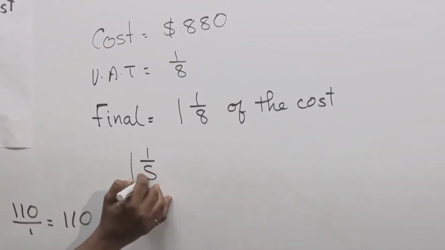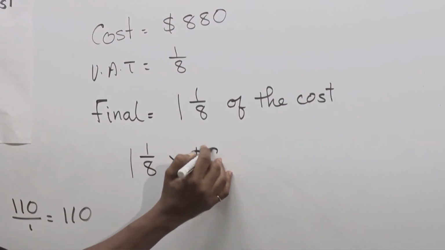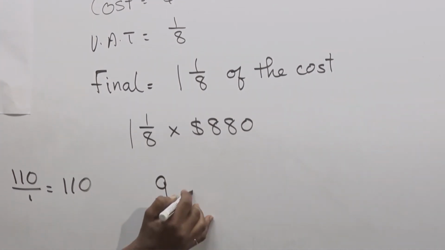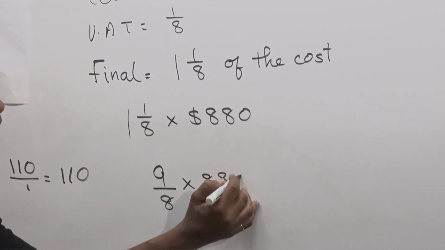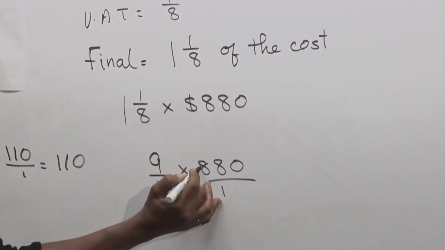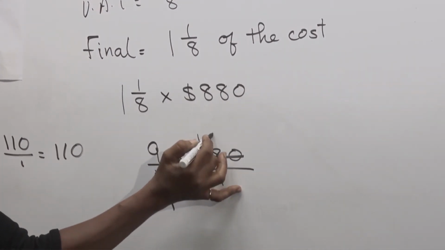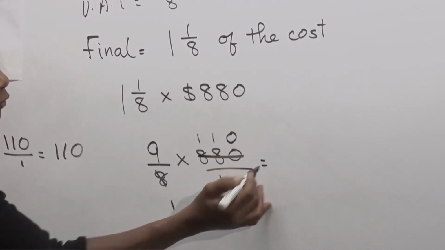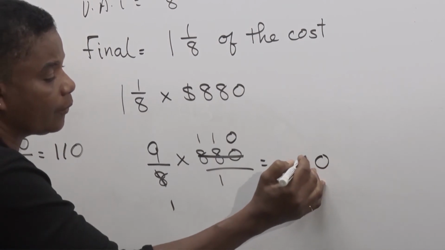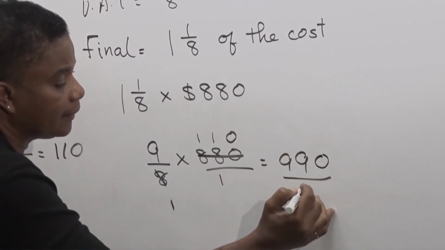1 1/8 of $880. 8 ones are 8 and 1, 9 over 8 times $880. 8 into 8 is 1. 8 into 8, 1. 8 into 8, 1. 8 into 0, 0. When we multiply 9 by 110, we are going to get 990.